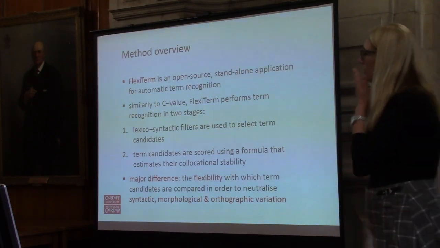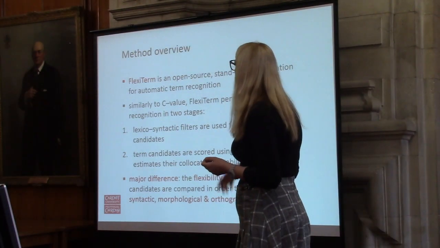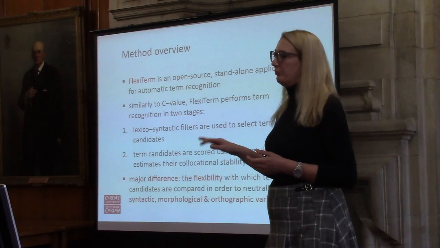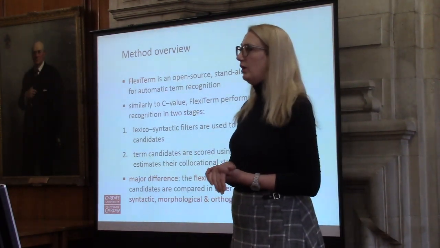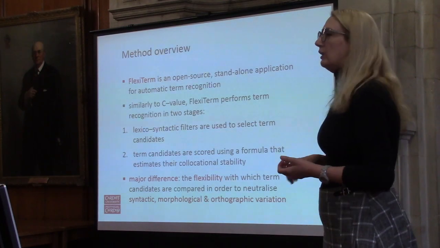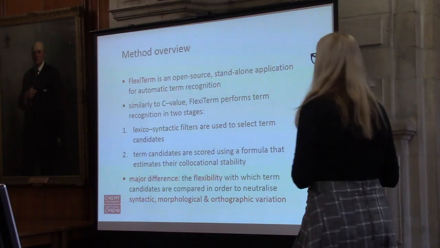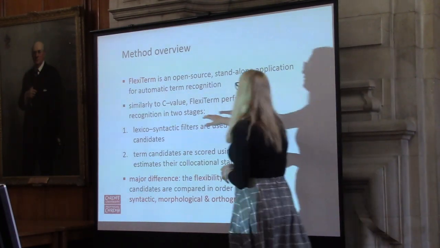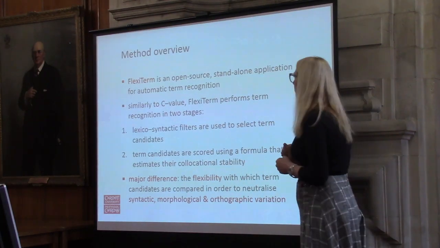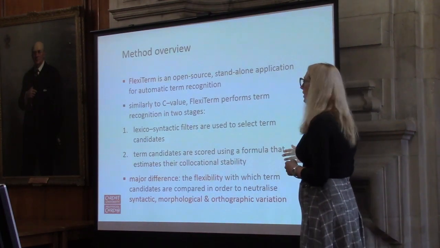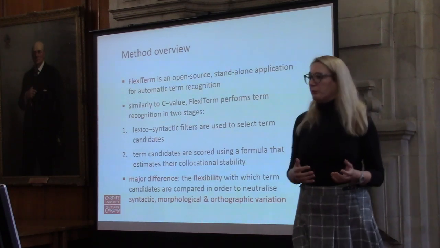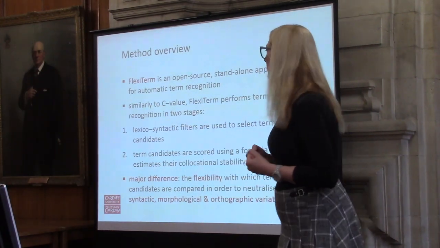Back in 2013, I implemented the FlexiTerm method, which is based on C-value, but it takes into account this term variation phenomenon. Exactly like C-value, FlexiTerm will perform term recognition in 2 stages. First, we define a lexicosyntactic pattern and extract term candidates.